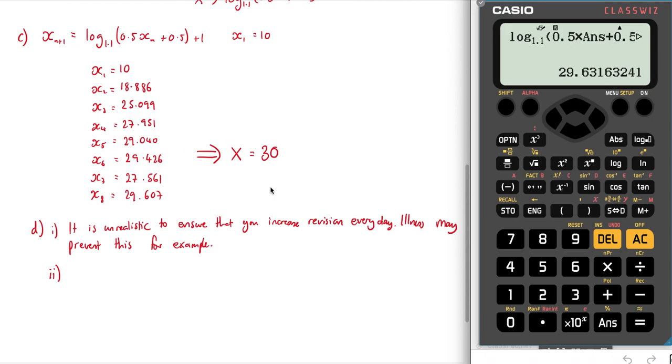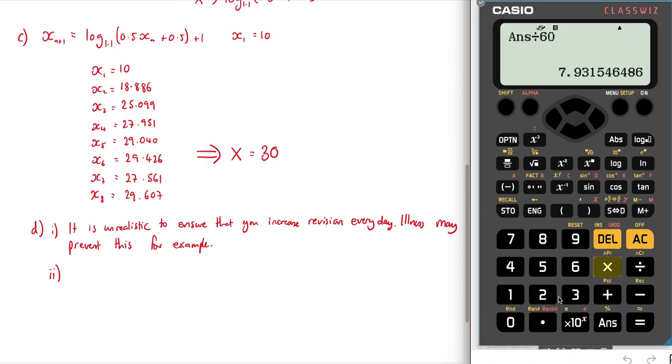How long is he revising for on day 30? So we said initially it was 30 times 1.1 to the power of 30 take away 1, 475 minutes, which happens to be about 8 hours a day.